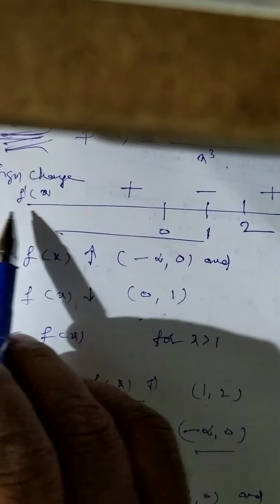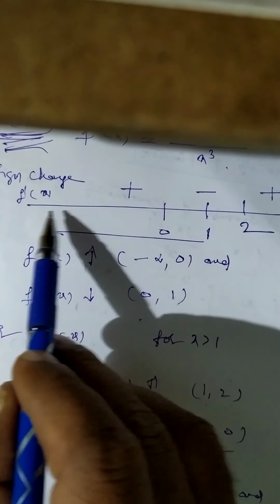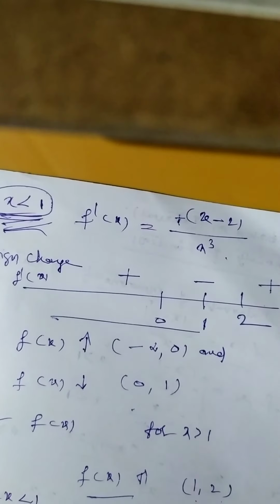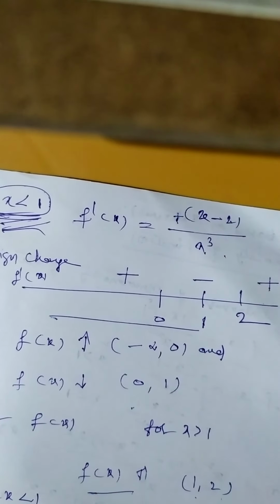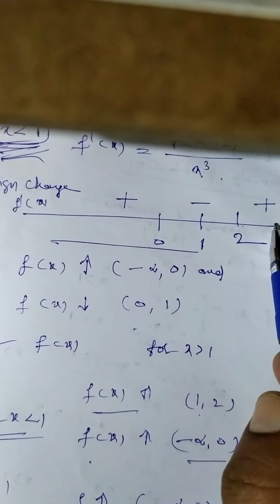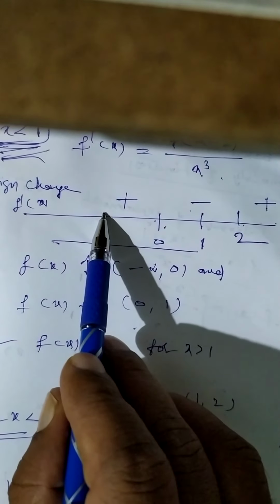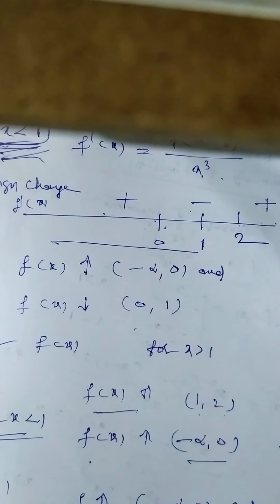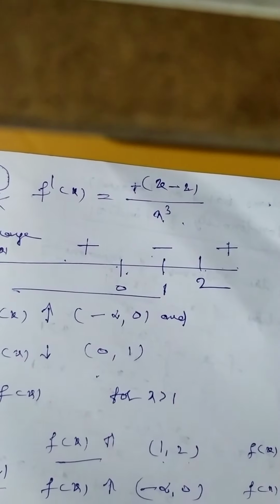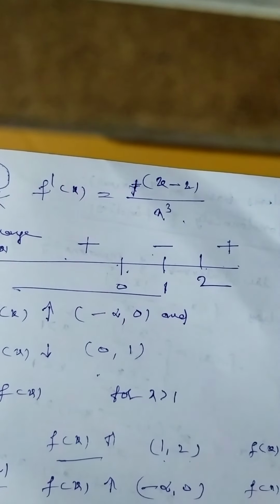For observing the sign change of f dash of x, we draw the number line. The roots of the function are 2 and 0. Therefore the sign changes: after 2 it is positive, between 0 and 2 it is negative, and before 0 it is positive. Why are we getting these signs? Because the function is preceded with a plus sign.